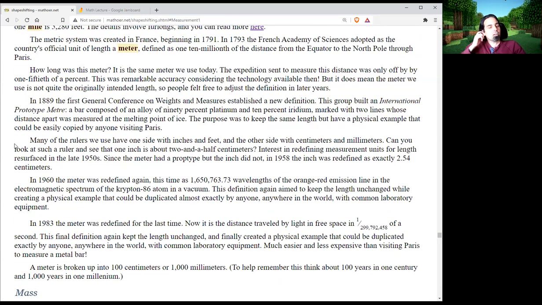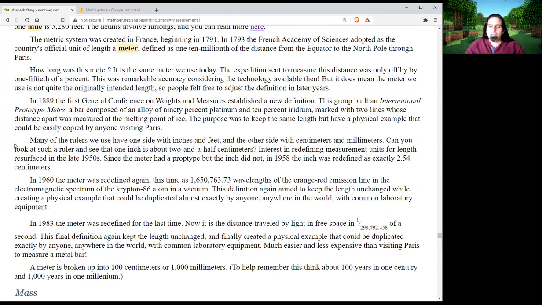In 1889, people decided we needed an actual thing to compare to. So if I was a laboratory scientist, I can go and travel and take my metal bar and see exactly how long a meter is. So people built the International Prototype Meter. This was a bar made out of platinum and iridium, some things that wouldn't change size much when you got hot or cold.